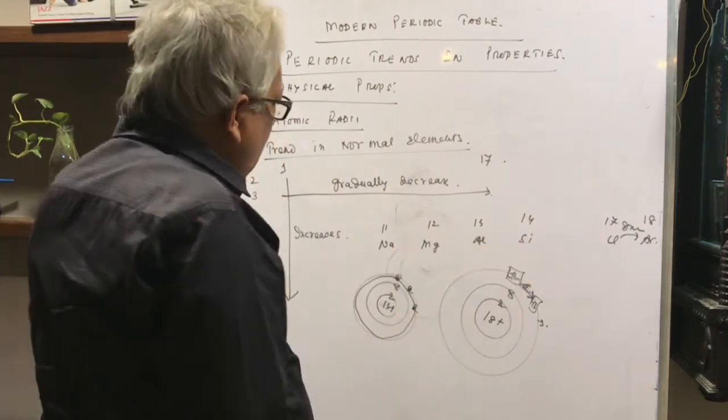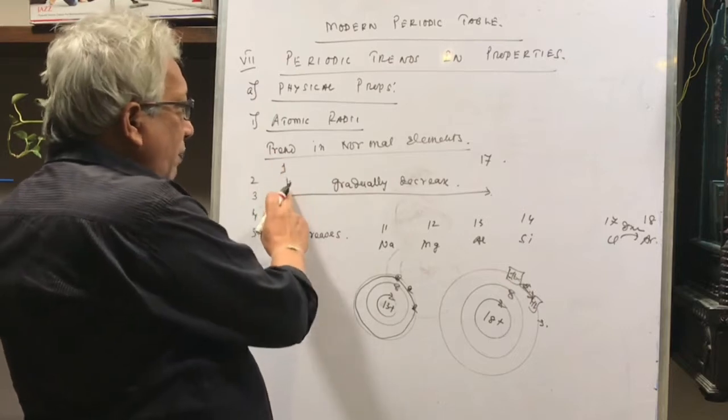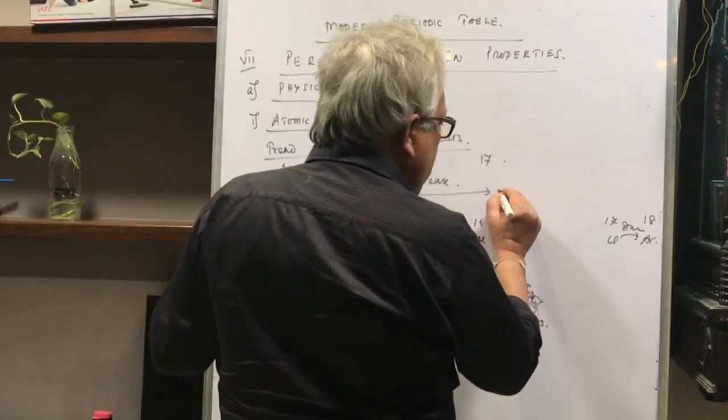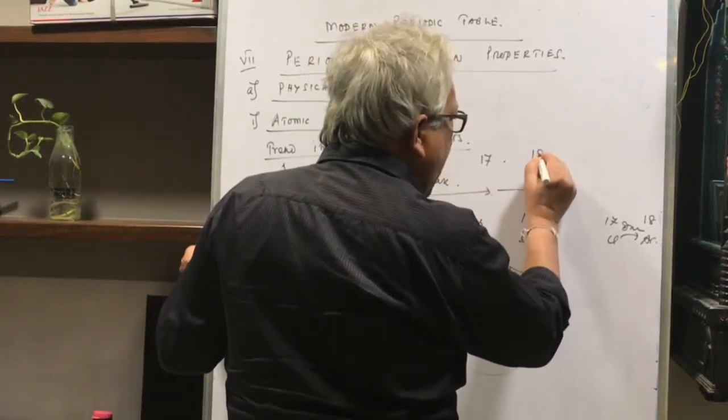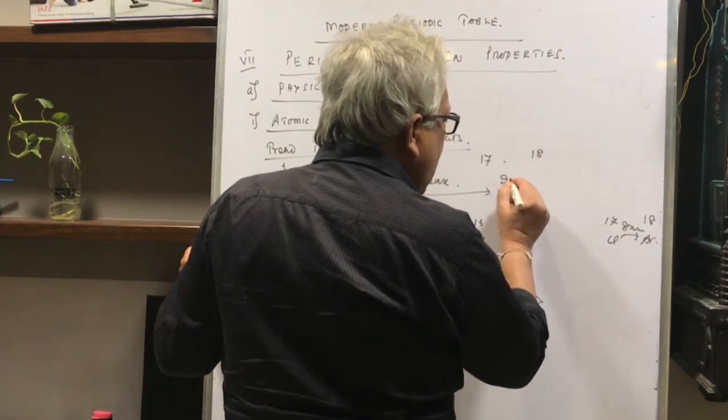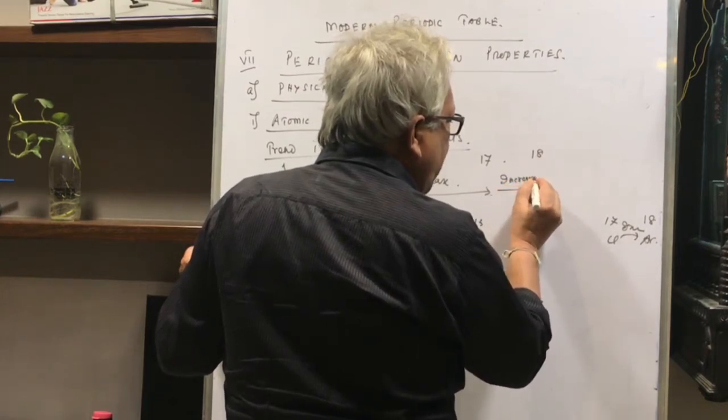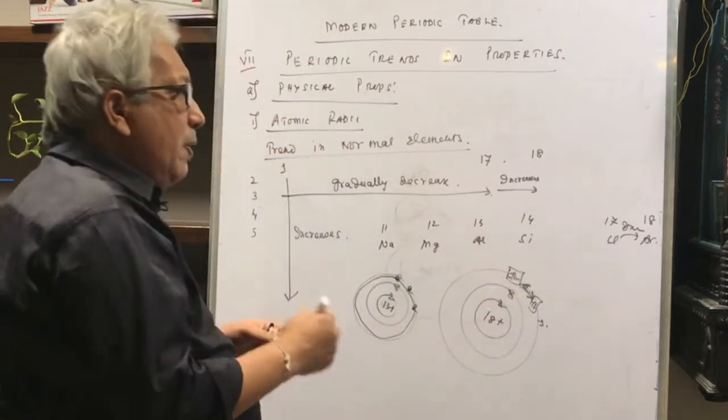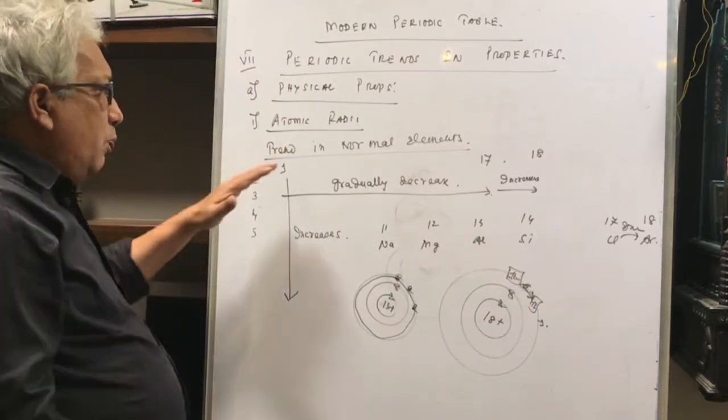So I say it gradually decreases from group 1 to group 17, but from group 17 to group 18 it again increases because of the repulsion between the paired up electrons. I hope you are clear with it.